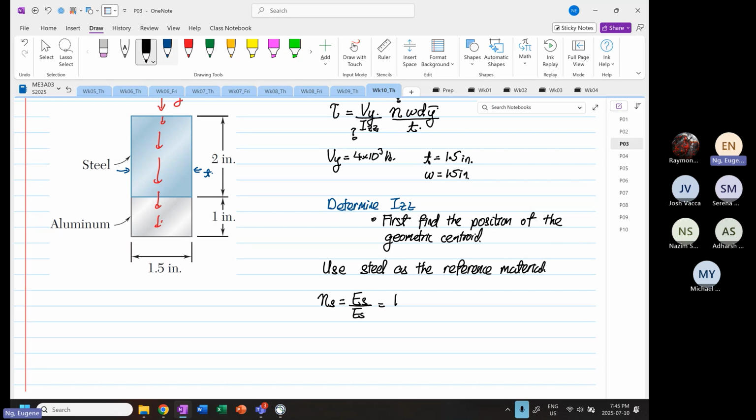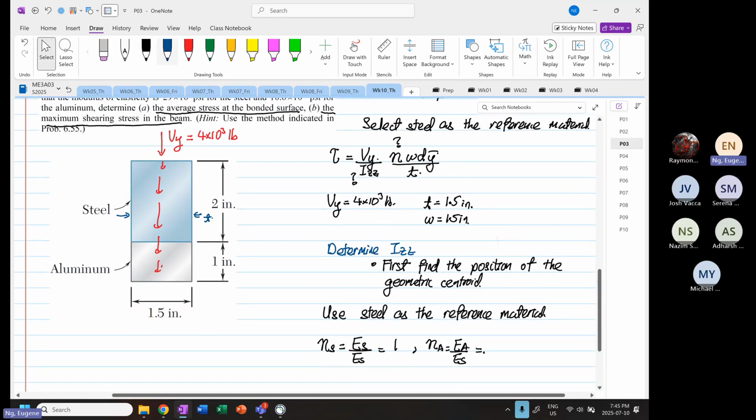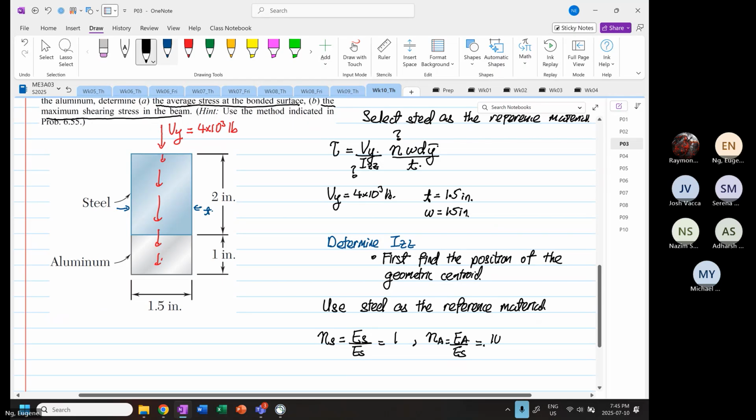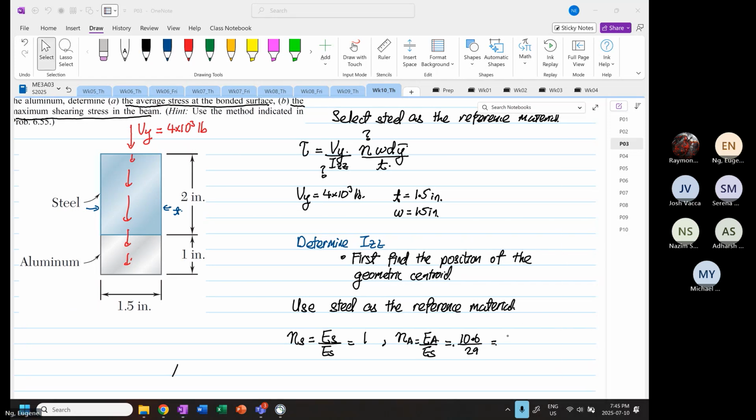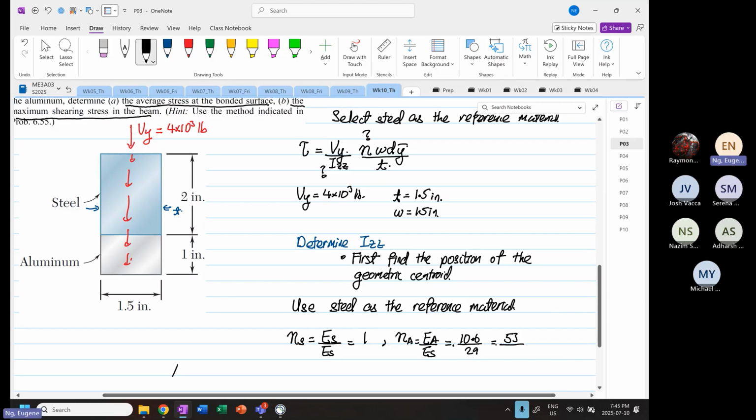This will give us 1. And then the N of aluminum is Young's modulus of aluminum divided by Young's modulus of steel. This will be equal to 10.6 divided by 29, which is equal to 53 over 145.